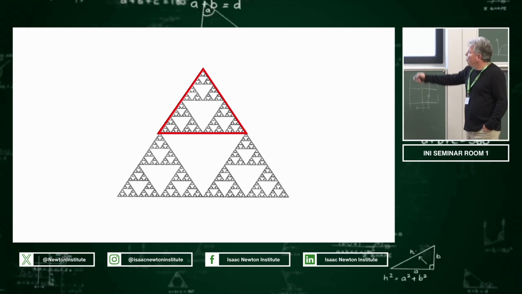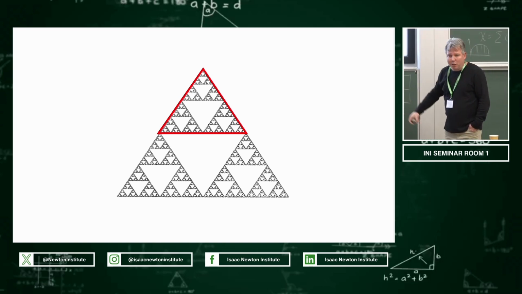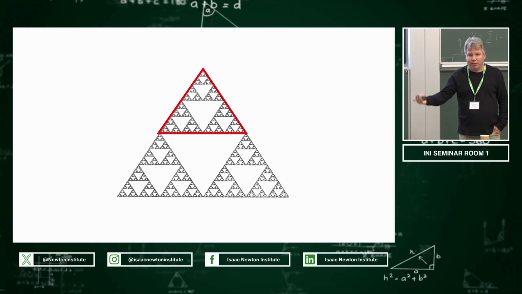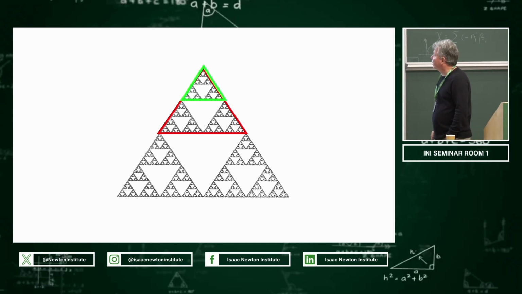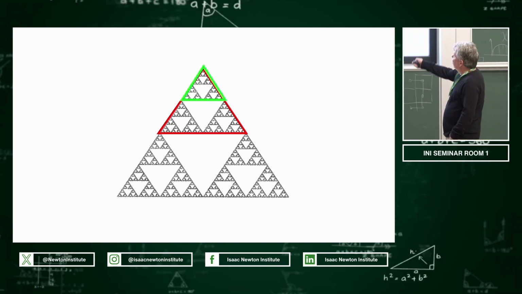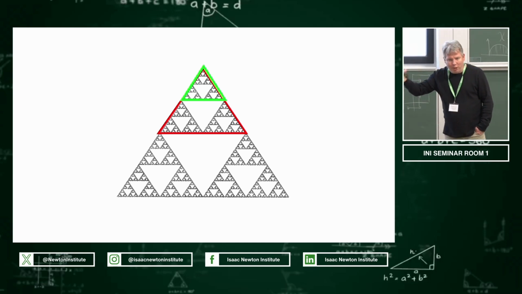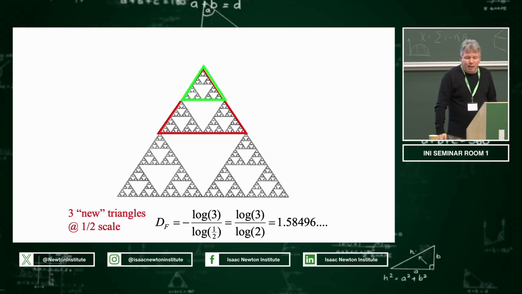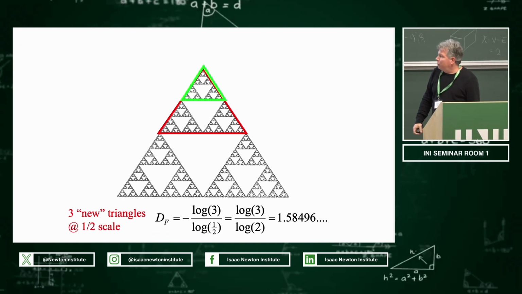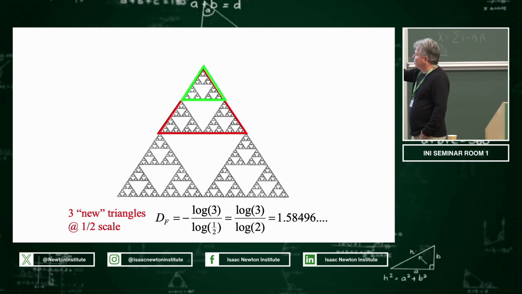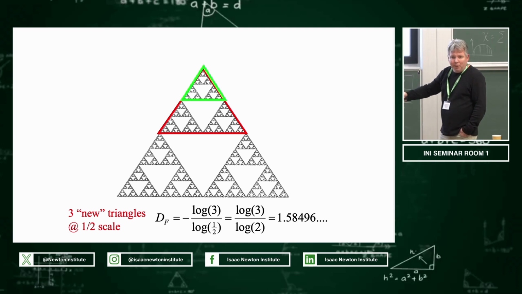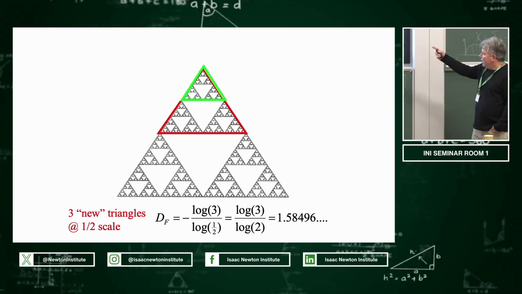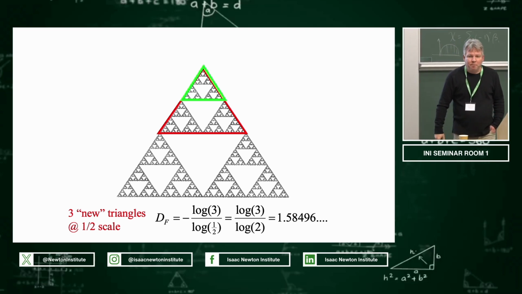And so what I have is a certain number of new triangles appearing at the scale factor at which I'm defining it, right? So obviously, the red triangle and the green triangle are the original triangles themselves. And so we can define that fractal dimension to be the log of the number of copies over the log of the inverse scale, as Andre talked about the other day, and that gives us our fractal dimension.